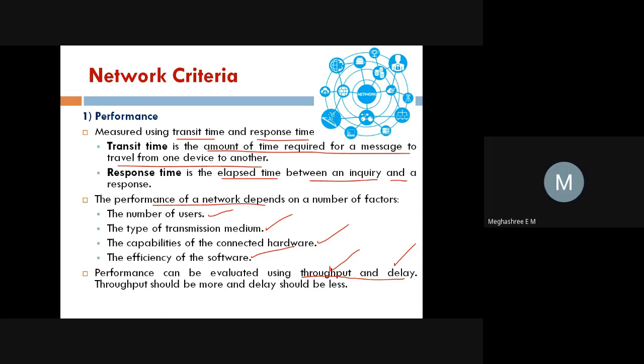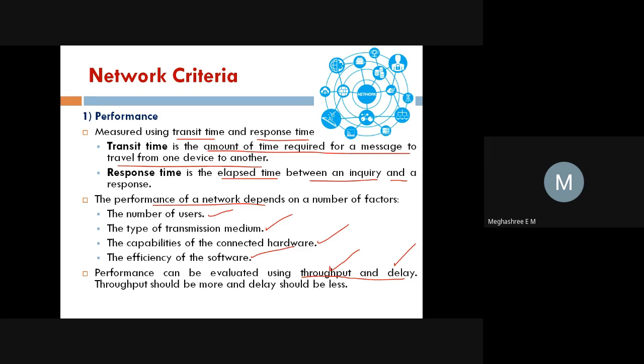And delay is nothing but, see, if you're supposed to receive data now at the time 9:33, when I send the data over the network, it should reach, consider, at 9:34.